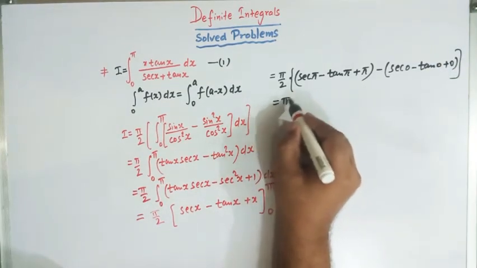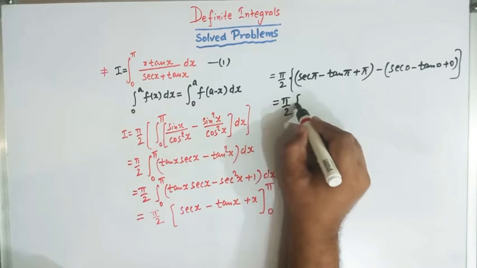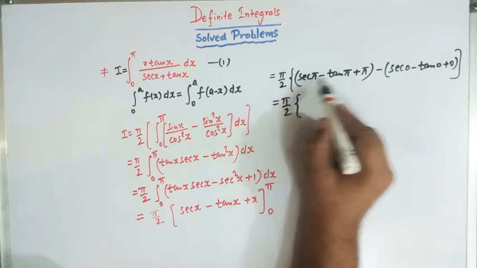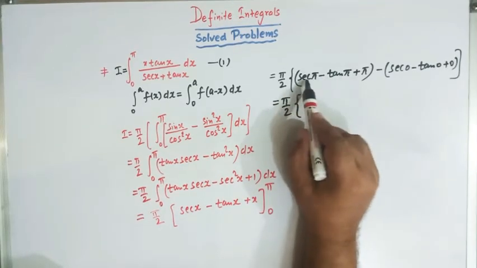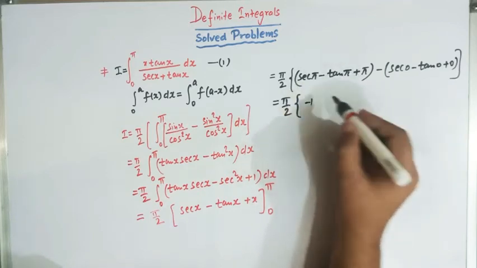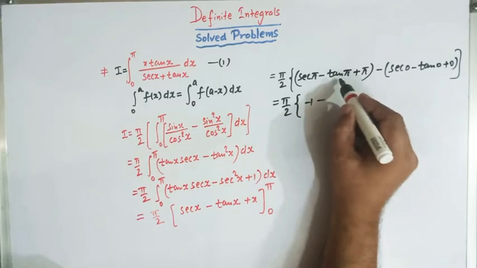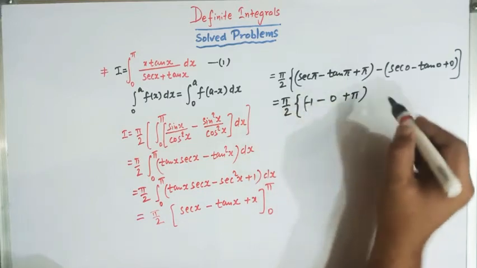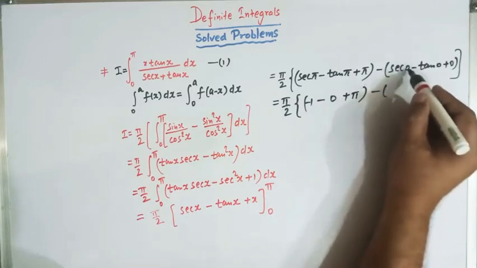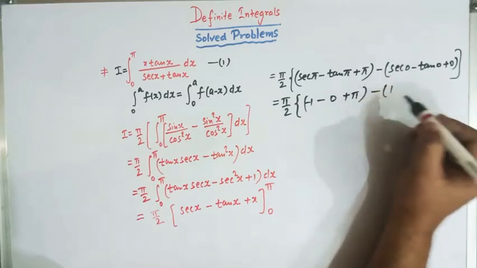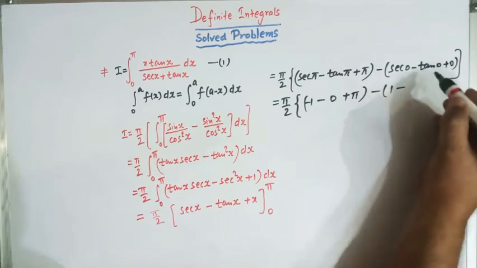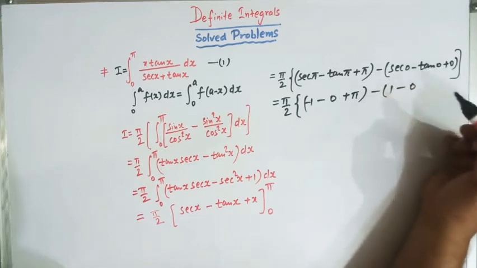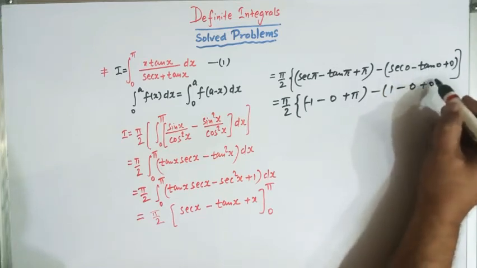Now substituting the values of these terms, sec pi is minus 1, tan pi is 0, and here we have pi. For sec 0 we have 1, for tan 0 we have 0, and here we have 0.